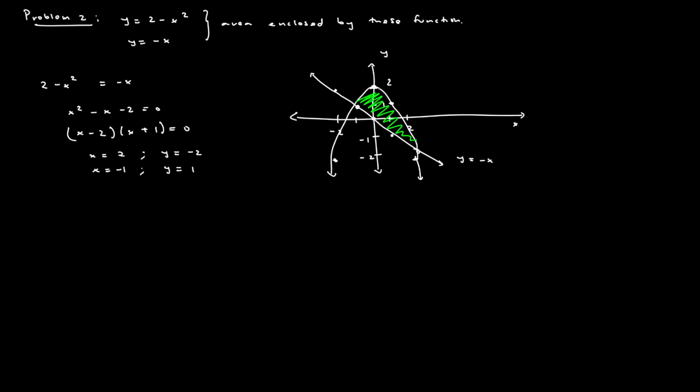And therefore our lower limit is similar to what we found algebraically, at x equals negative 1, and our upper limit over here is x equals 2. Throughout this interval, the parabola is above the line.